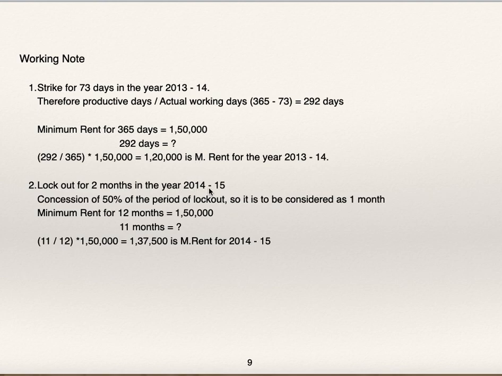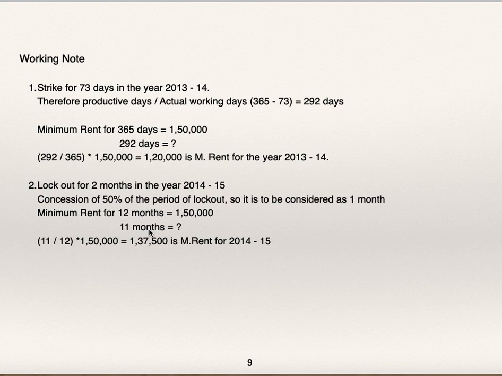Similarly, there was a lockout for the year 14-15 for 2 months. Concession of 50% of period of lockout. Lockout is for 2 months. 50% of 2 months is 1 month. So it is to be considered as 1 month concession. Minimum rent for 12 months is 1,50,000.